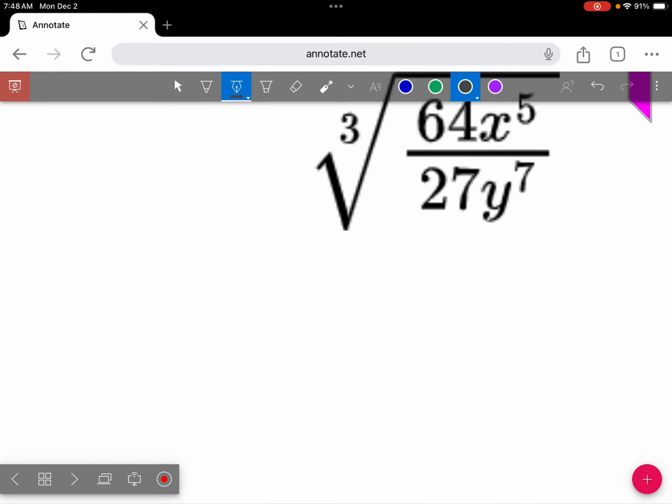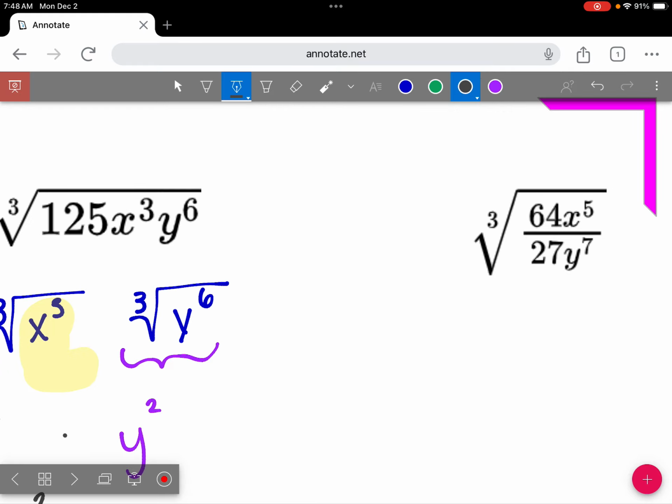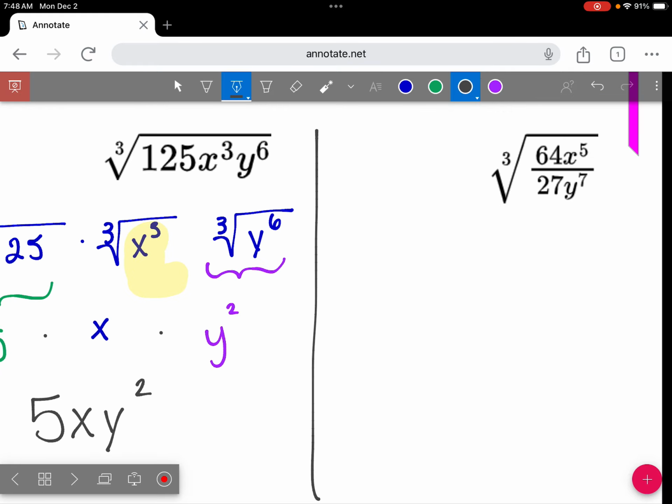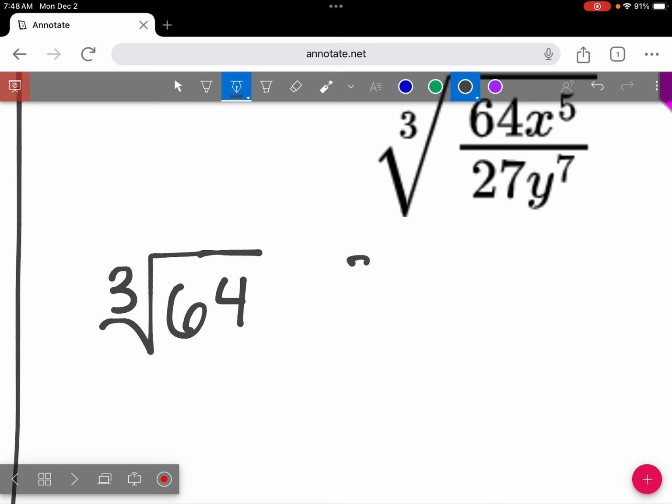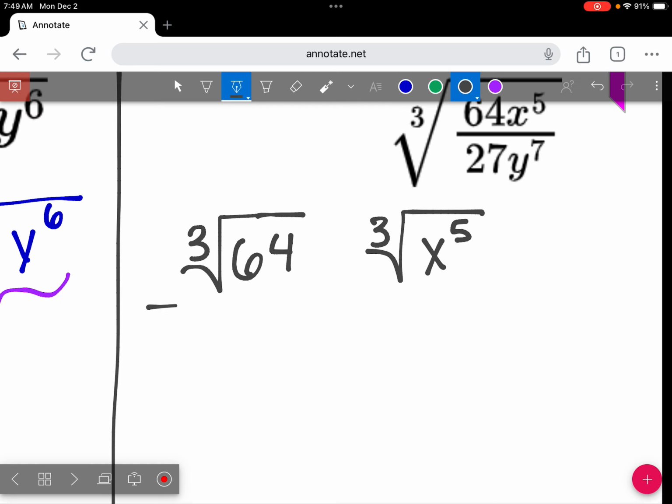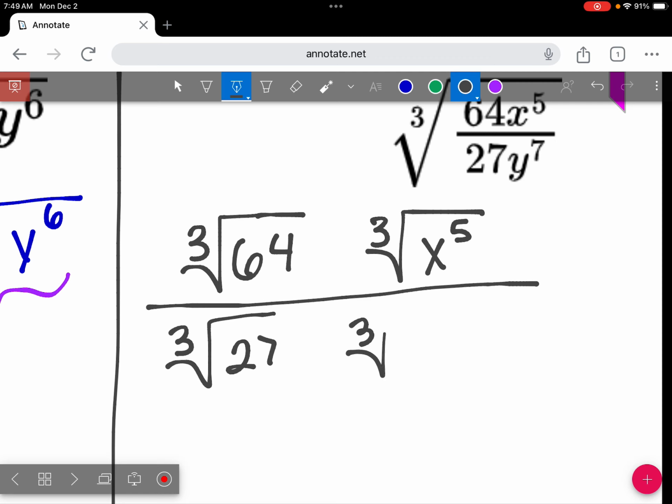And the next one is super icky looking, but do it the exact same way we just did the last one. We're going to take our root and we're going to smush things together. So I'm going to rewrite this as the cube root of 64, the cube root of x to the 5th, over the cube root of 27, and the cube root of y to the 7th.